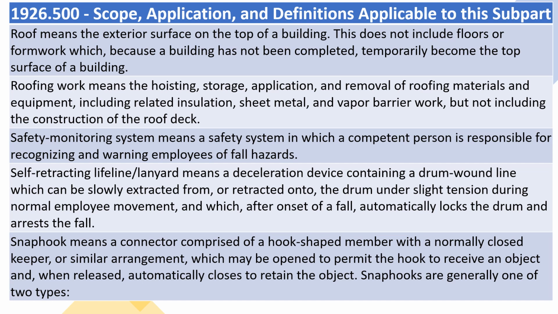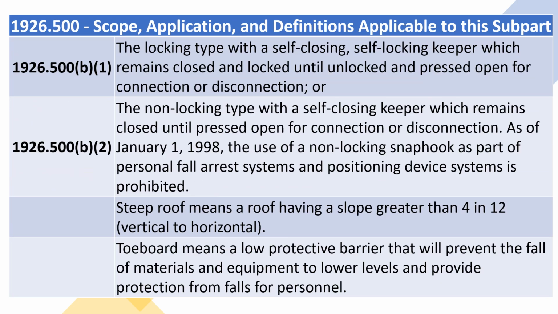Snap hooks are generally one of two types. 1926.500 B1, the locking type with a self-closing, self-locking keeper which remains closed and locked until unlocked and pressed open for connection or disconnection, or 1926.500 B2, the non-locking type with a self-closing keeper which remains closed until pressed open for connection or disconnection. As of January 1, 1998, the use of a non-locking snap hook as part of personal fall arrest systems and positioning device systems is prohibited.